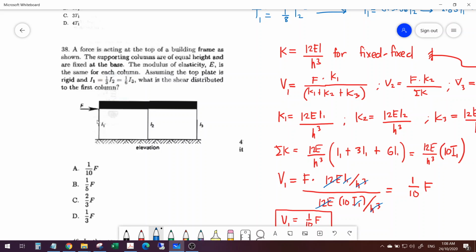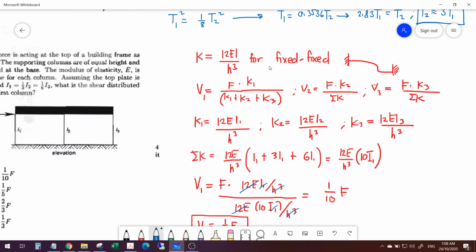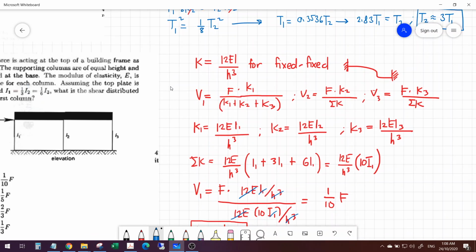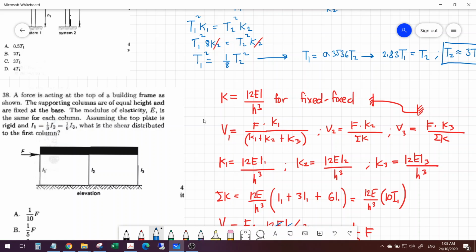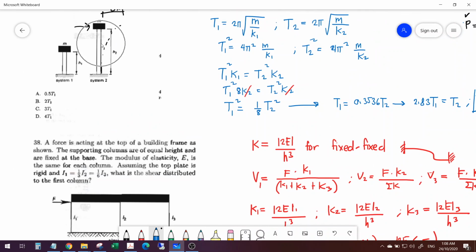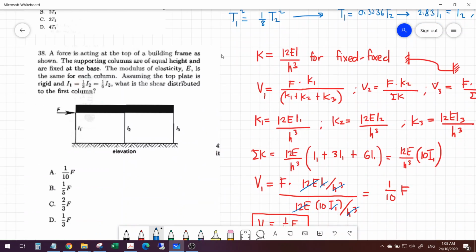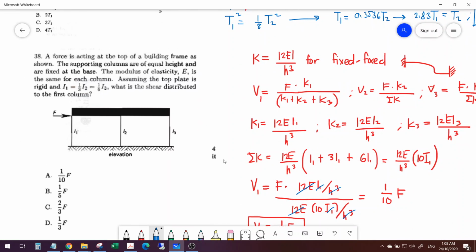Okay. Fix yung support ng poste. No? Okay. So that the stiffness of that is 12 EI over H cube for fix. Unlike sa cantilever, 3 EI over H cube. Okay, kasi yung sa cantilever, we idealize the overall structure. Okay. Dito hindi. Kinuha talaga natin yung framing, no, elevation. Okay.